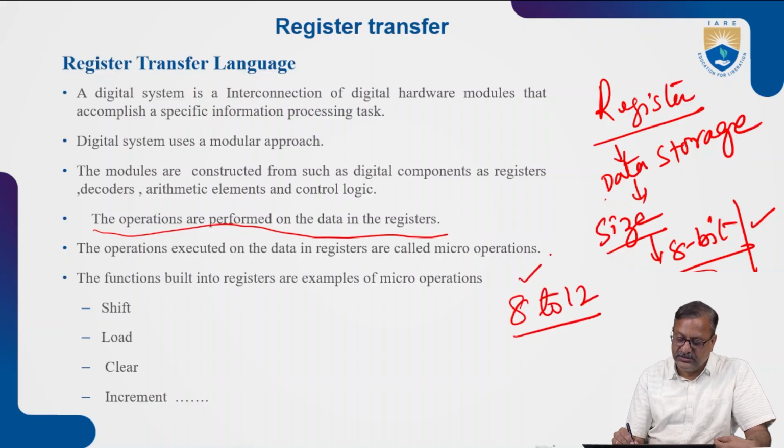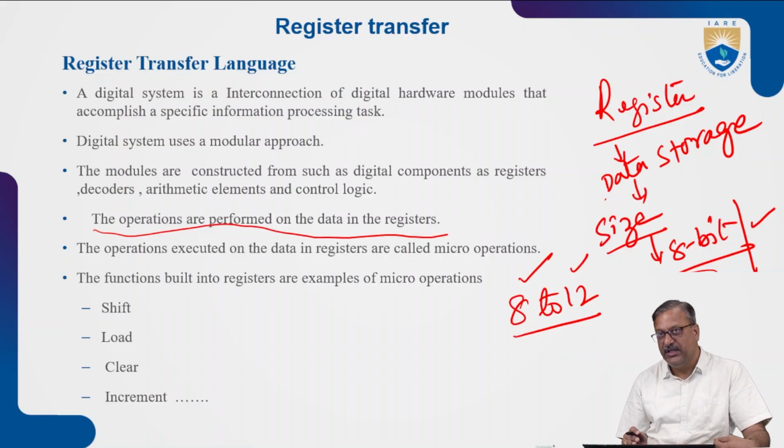You may ask why we take 8 or why 12. There is no hard and fast rule. There can be n registers. If you define more registers internal to the digital system, then accessing data from these registers takes more time. Then the computing will be delayed and the generation of output will also be delayed.